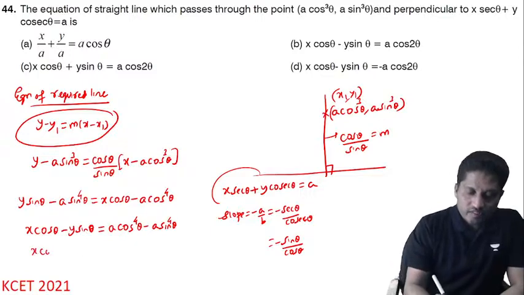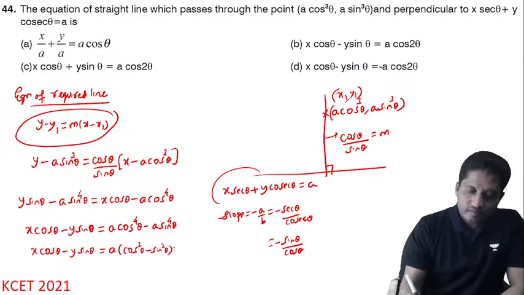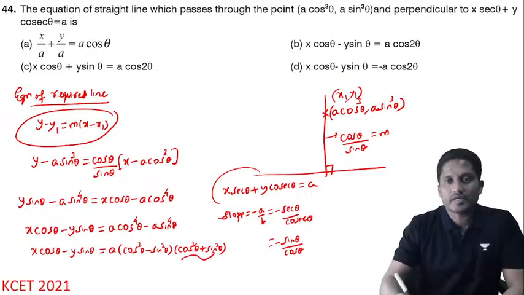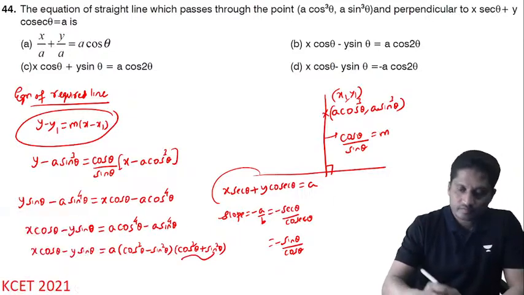Now x cos theta minus y sin theta is equal to A common, you will get cos power 4 minus sin power 4. This can be written as cos square minus sine square into cos square plus sine square. Cos square plus sine square is 1, cos square minus sine square is cos 2 theta.